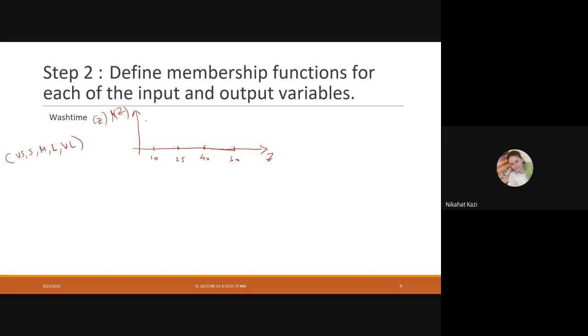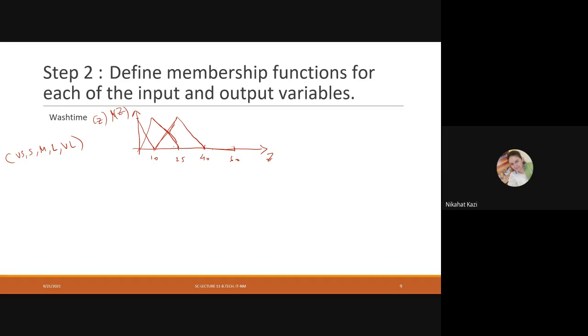Okay, so I am just assuming some values. The first one, very short, will be decreasing for the same reason that I explained earlier. Then is short. I'm just assuming that these are the points where they are cutting.